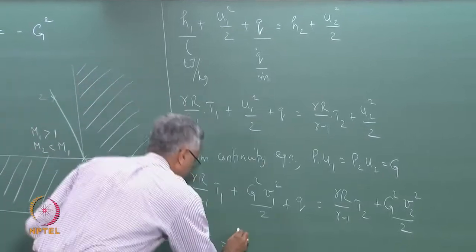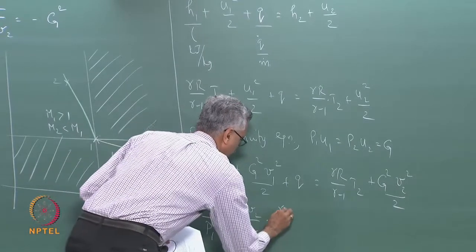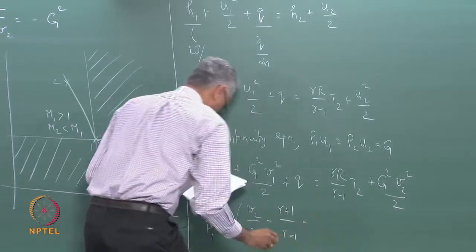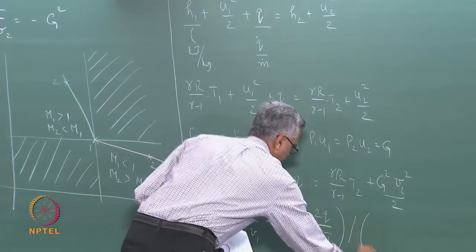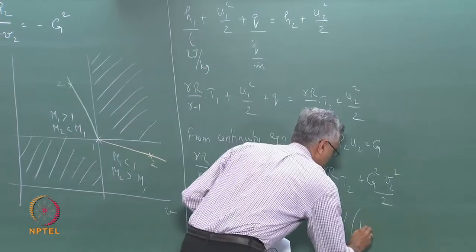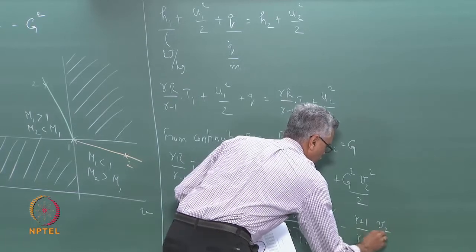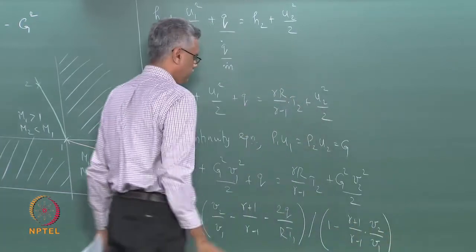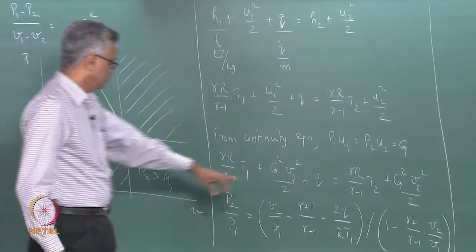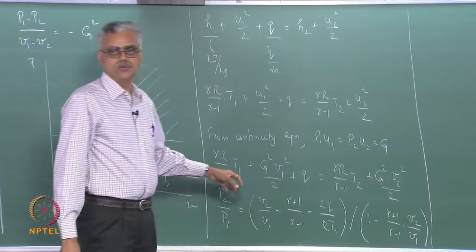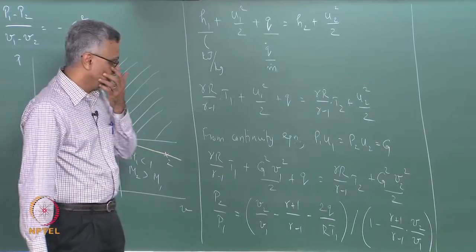P2 over P1 is equal to V2 over V1 minus gamma plus 1 over gamma minus 1 minus 2Q over RT1, divided by 1 minus gamma plus 1 over gamma minus 1 times V2 over V1. Notice that if I set Q equal to 0, I recover the equation that I had earlier in the context of normal shock waves. So, normal shock wave, of course, Q is equal to 0.